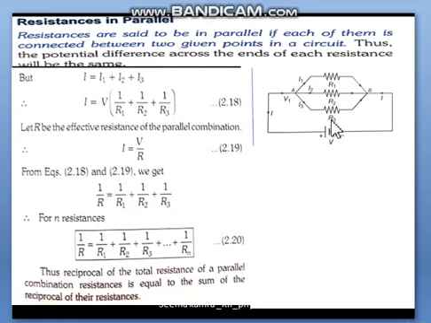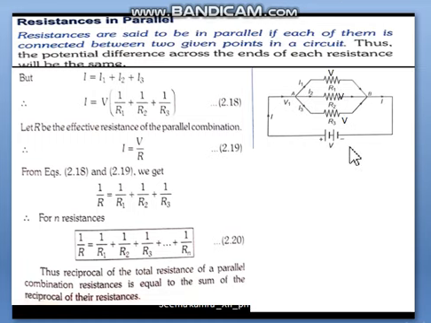That means the voltage across R3 or R2 or R1 is V. So the voltage across R1, R2, R3 is equal to the battery voltage, not distributed. The whole battery voltage is available for all three resistances. So V, V and V is available.